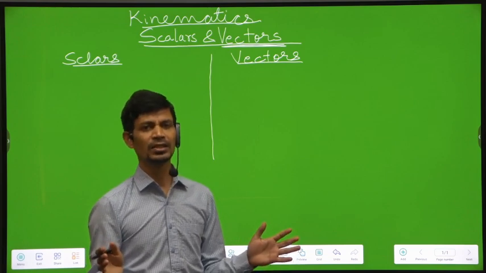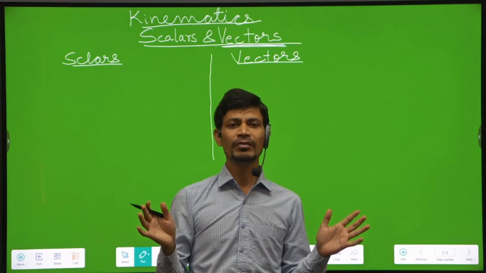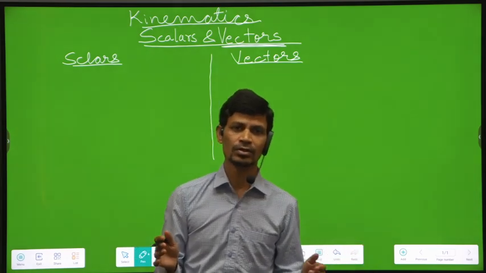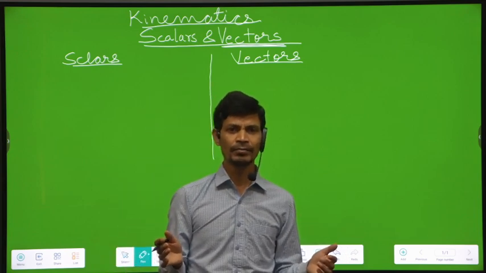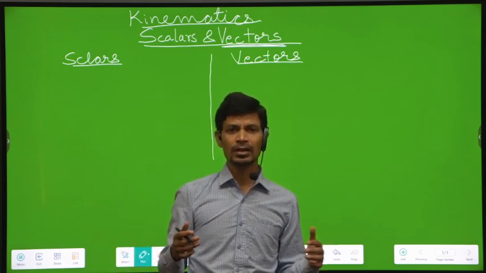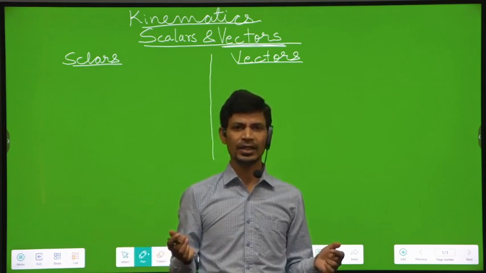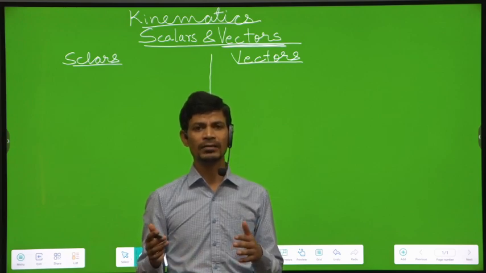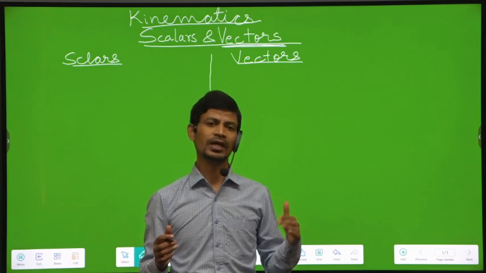Sometimes people think that scalar quantities have only magnitude and no direction, but that is not true. Scalar quantities can also have direction, but their direction need not be specified. Also their direction is not as sensitive as that of vectors.